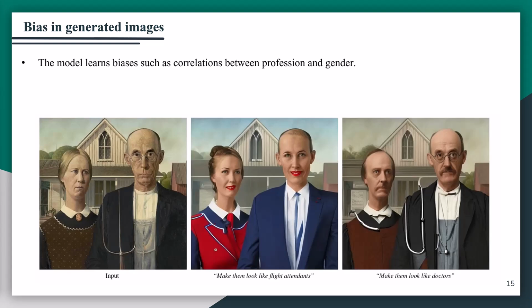As you can see, we have some input, and after that we have the instruction: make them look like flight attendants. The result is not very good because the model is biased, because flight attendants are mostly women, and the model cannot figure out that one of the people is a man and the other one is a woman.